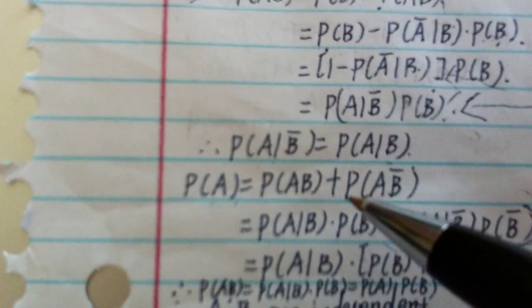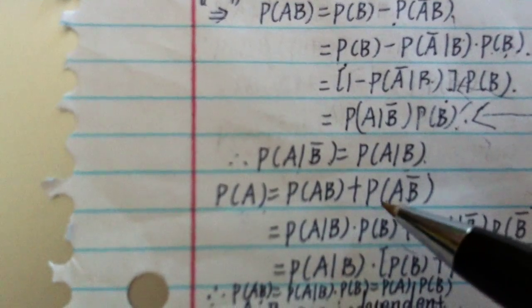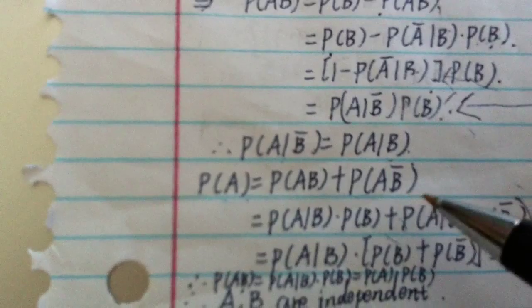And then the probability of A equals the probability of AB plus the probability of AB naught.